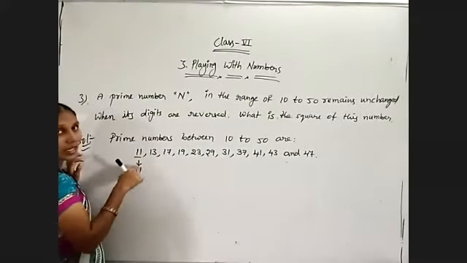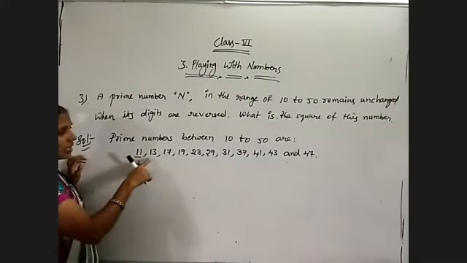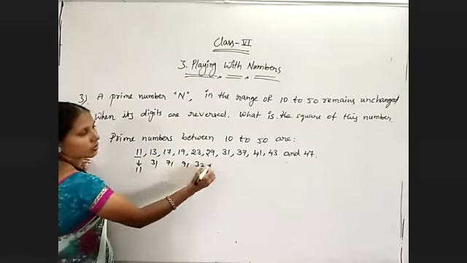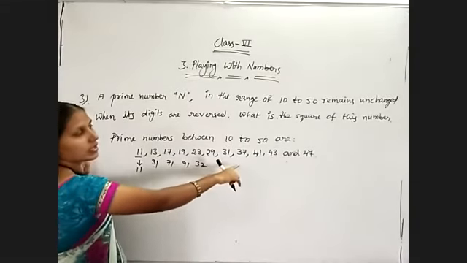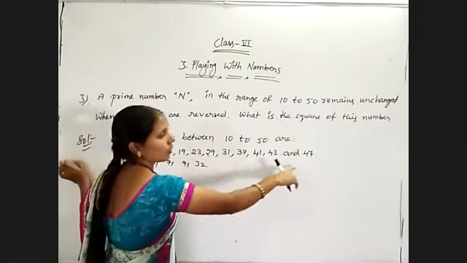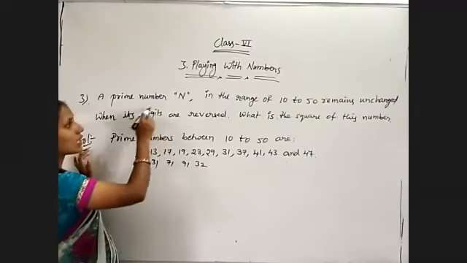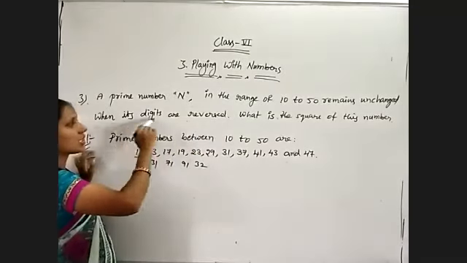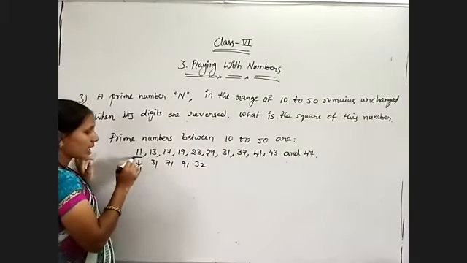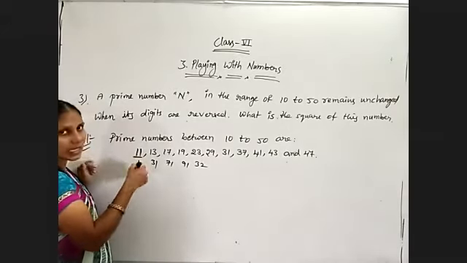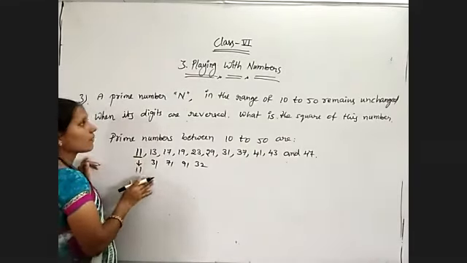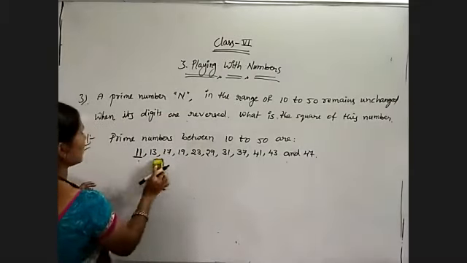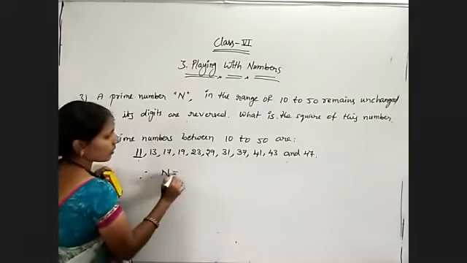If both digits are the same, then only I will get the same number. 13 gives 31, and like that the others change. But what is the rule? It must remain unchanged when the digits are reversed. When I change the digits 1 and 1, I get that number itself. So the n value is 11. Therefore, n is equal to 11.